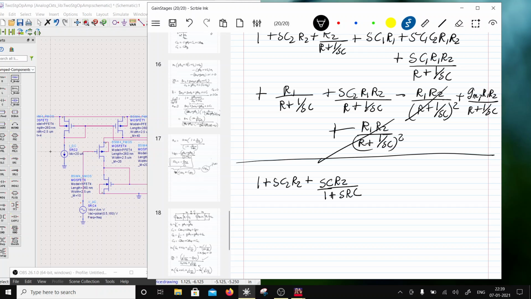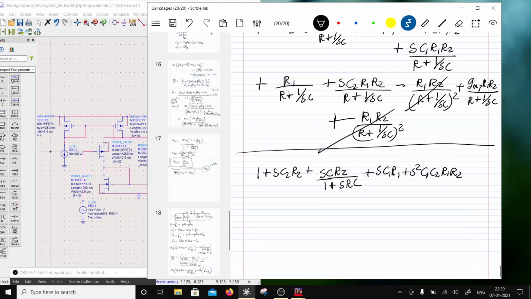SRC plus SC1 R1 plus S square C1 C2 R1 R2, right?